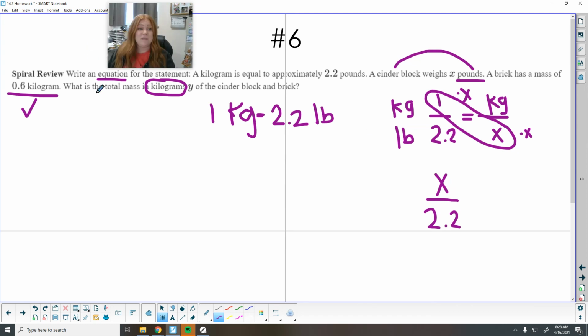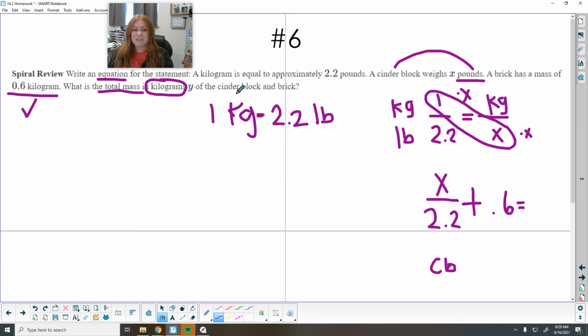Now it wants the total mass of the cinder block and the brick. So here's the cinder block, right? And I need to put the brick together. So we're going to add on the kilograms the brick was, 0.6.